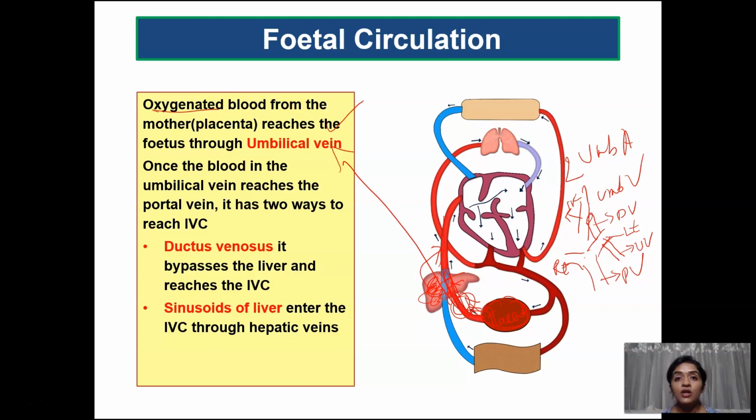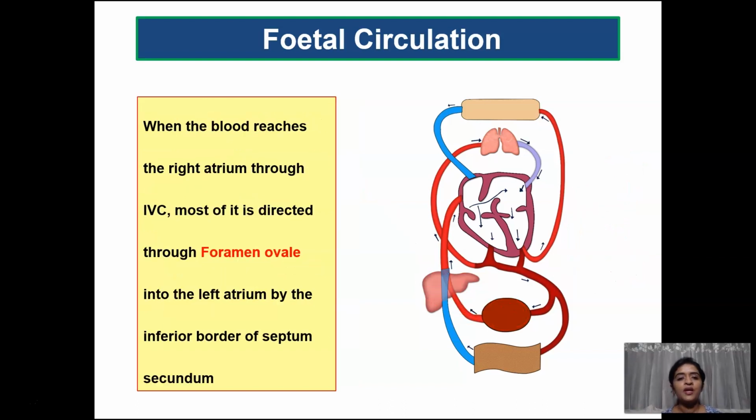So we cannot waste the oxygenated blood by passing it through the liver, but still the liver needs blood supply. So a major portion will be shunted to the inferior vena cava through the ductus venosus, so that the inferior vena cava will again have oxygenated blood. But a minor quantity will go to the liver in order to supply it, and through the hepatic veins it will re-enter the inferior vena cava.